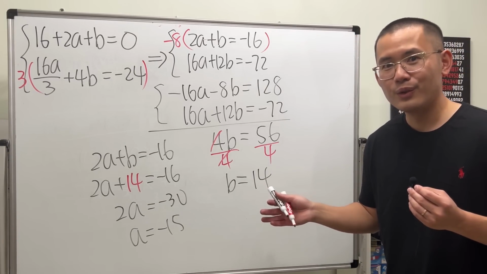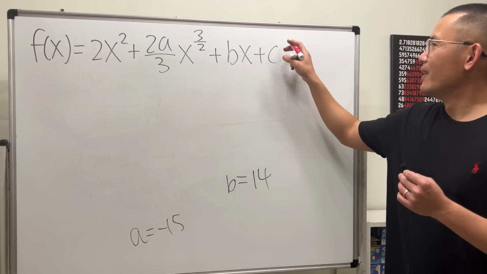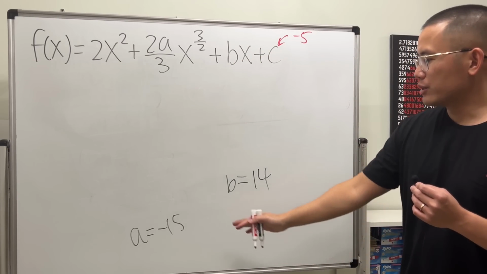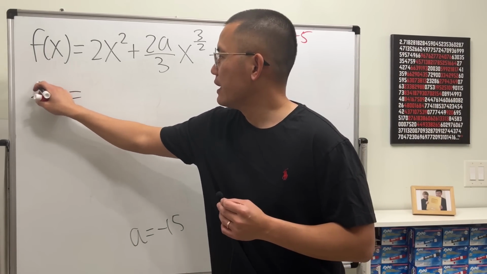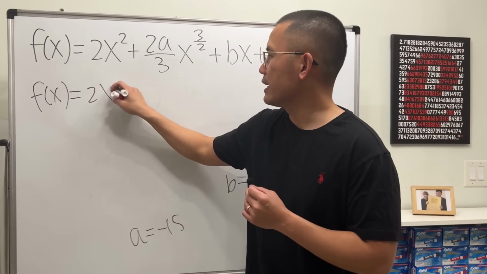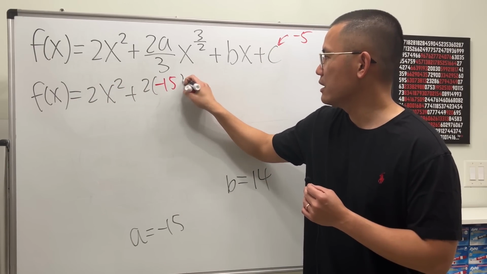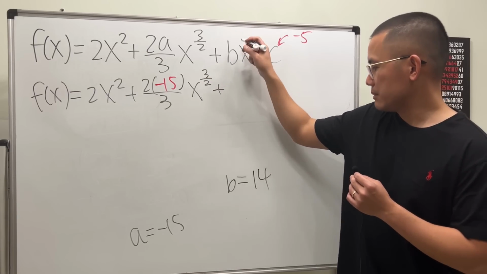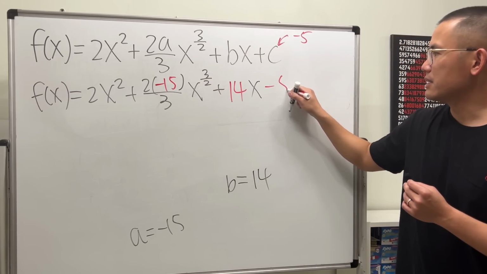Where's my original function? Well, don't worry. It's back. All right, we have this, and remember c is equal to negative 5. And now just plug in the numbers. So here we have f of x equals 2x squared plus 2 times a, which is negative 15, over 3, and then x to the 3 halves, plus b is 14, and then we have the x, and then finally we have the minus 5.